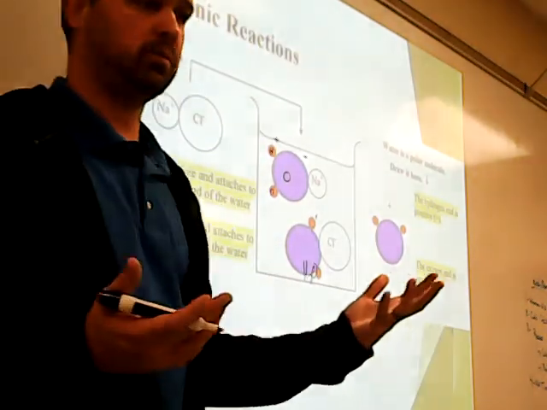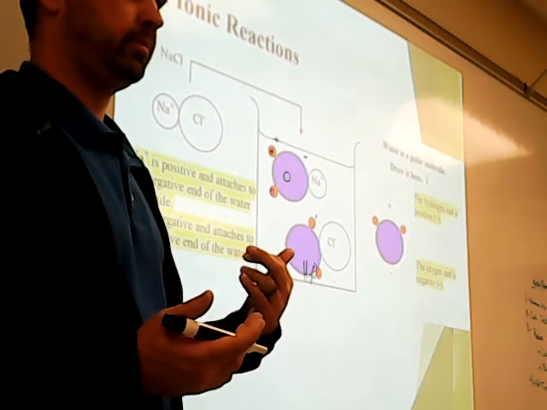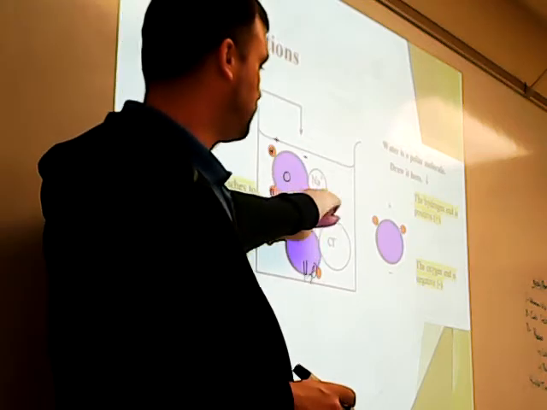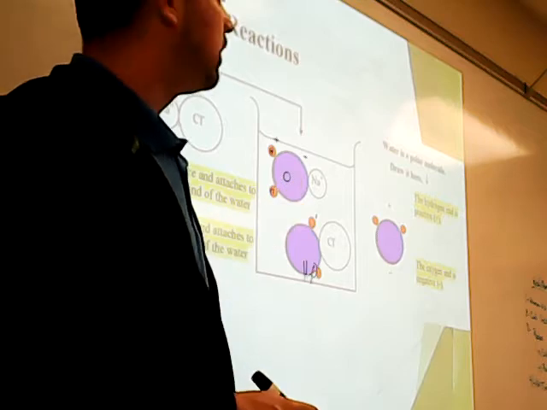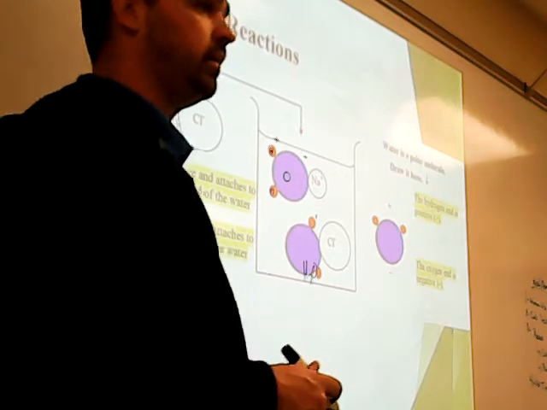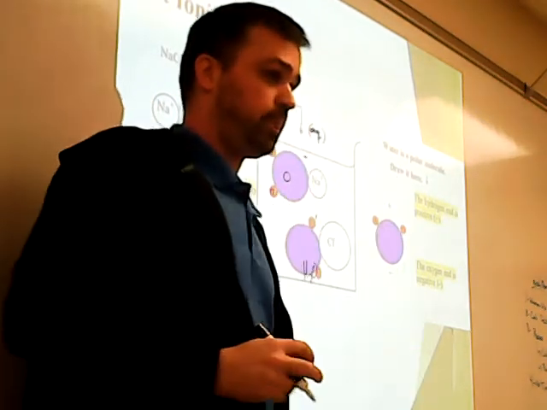It's like a battery or a magnet. Positive attracts negative. And that attraction is what pulls that apart. That makes it dissociate. So because this dissociates in water, this is an aqueous solution.